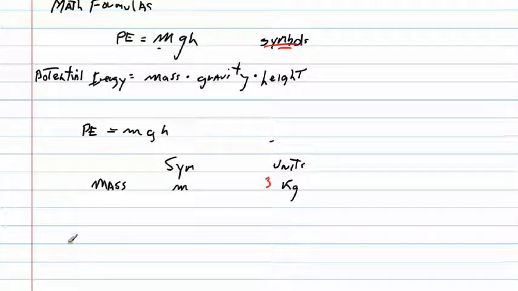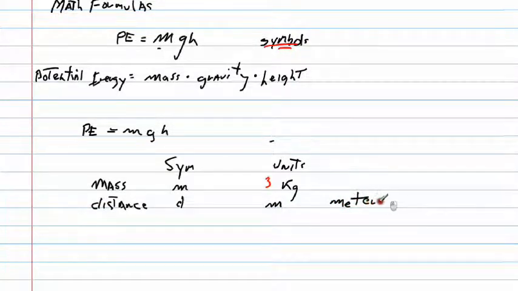Let's talk about, how about distance? Distance used the symbol D, but it was measured in meters. Okay, M for meters. And once again, you can see how the confusion could occur.